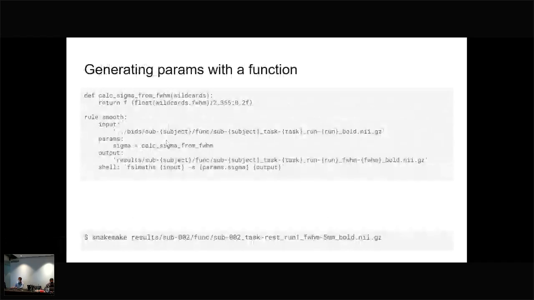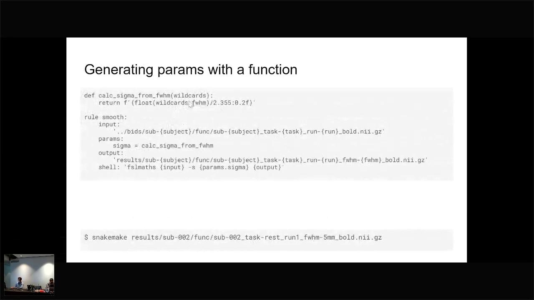Another thing we can do is generate our parameter using a Python function. This is just a function that takes the wildcards from our rule. We've got this full width half maximum wildcard in our output, and we'll figure out what sigma we need for the smoothing function from that full width half maximum.